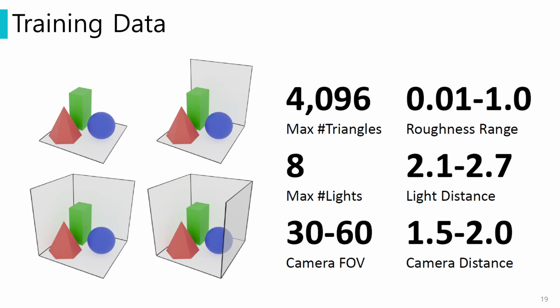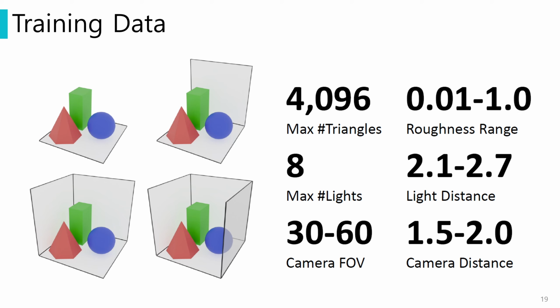RenderFormer was trained on a large-scale synthetic dataset. Each scene is procedurally generated by placing 1 to 3 random objects from the Objaverse dataset into one of 4 template layouts. Key parameters like lighting, camera position, and material properties were all randomized within a wide range to ensure the model learns a robust representation of light transport.